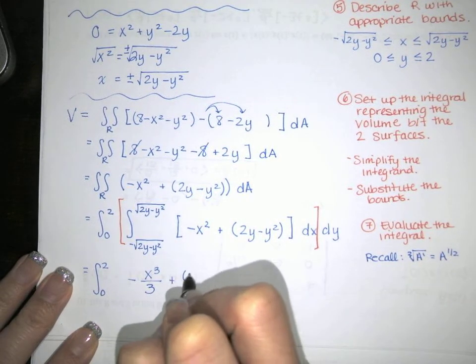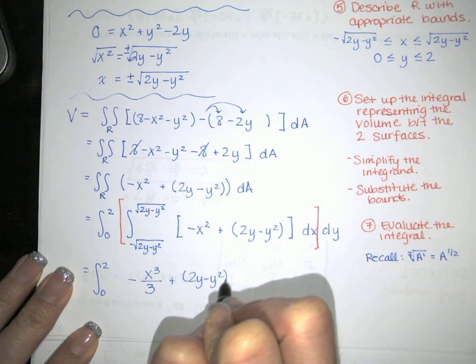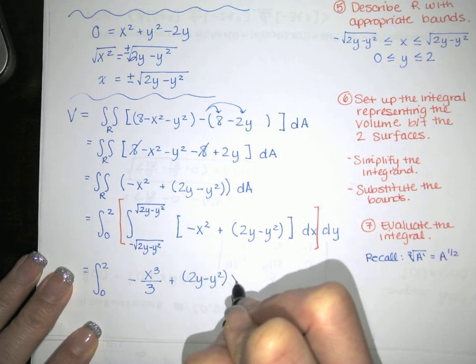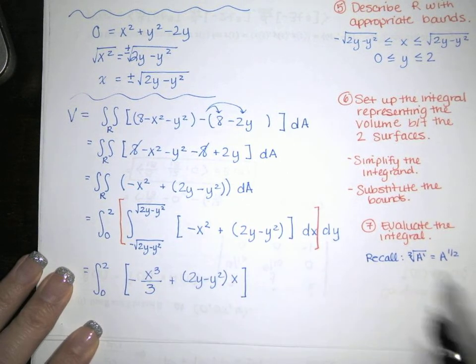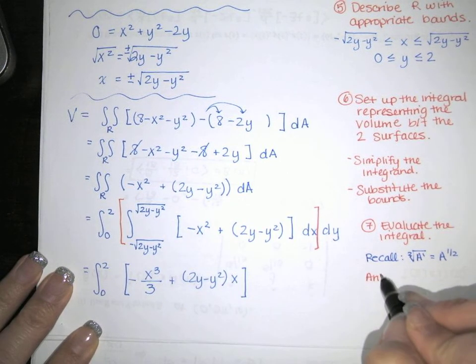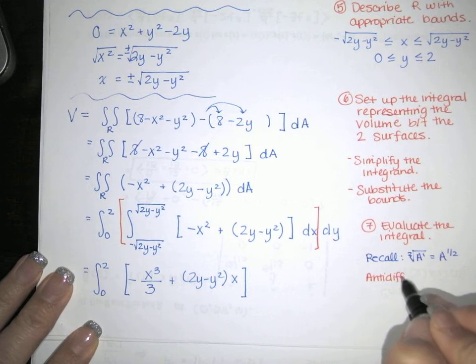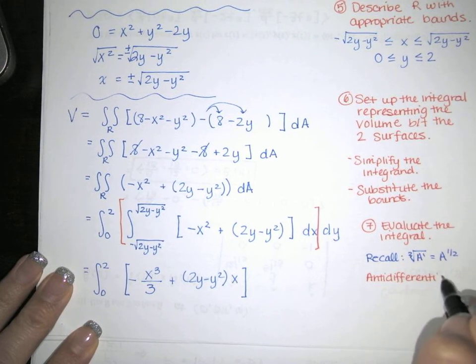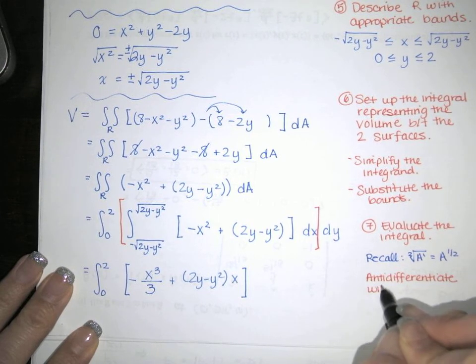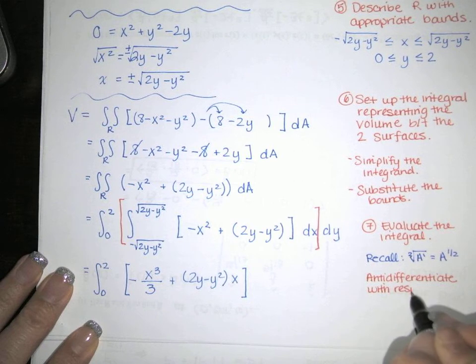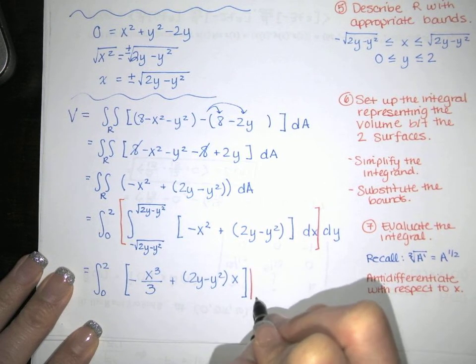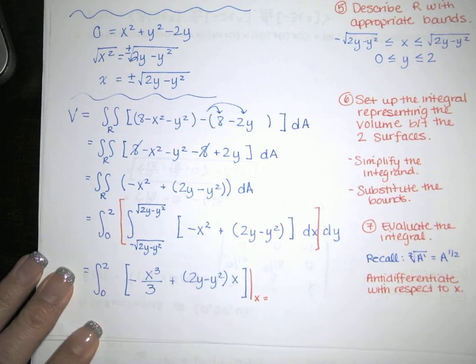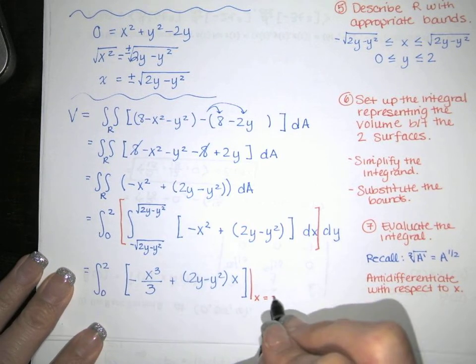So we get the constant, 2y minus y squared, and we multiply by the variable x. So we are first anti-differentiating. And then we evaluate this from the lower bound for x to the upper bound for x.